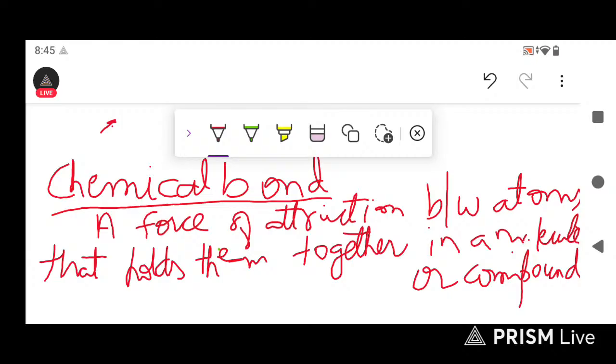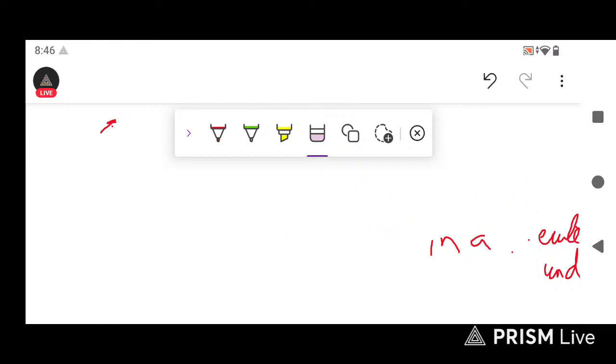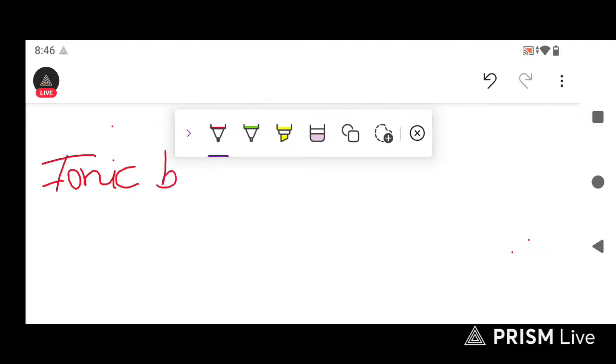Now move towards another topic, the ionic bond. What is an ionic bond? It is the most important topic from an examination point of view.